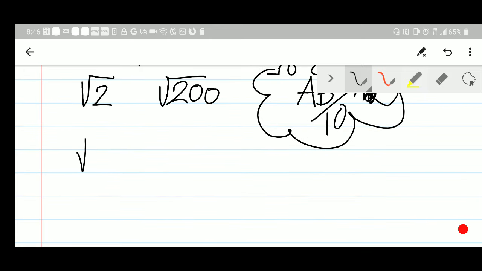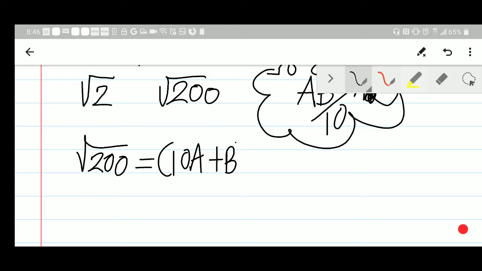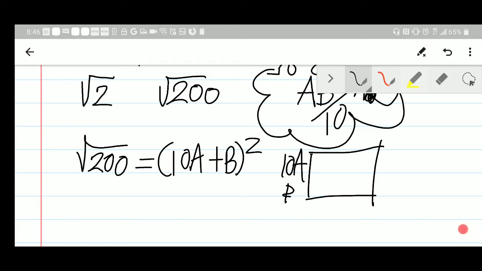Square root of 2, so we're going square root of 200 equals 10A plus B squared. Remember the square, and 10A and B being parts of a square, and the 10A and then the 20AB plus B squared is the little dotted part.